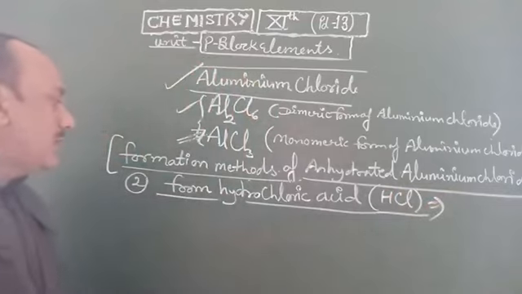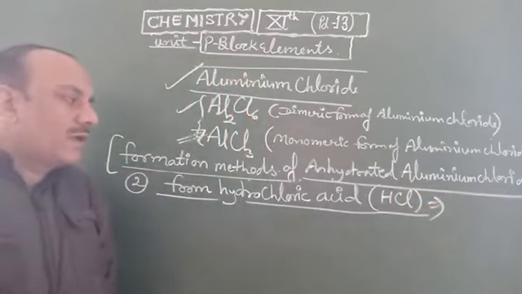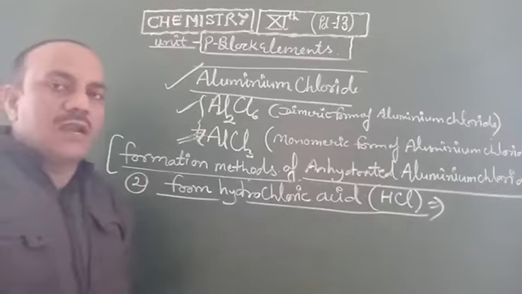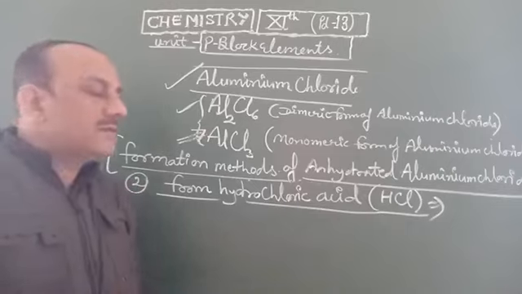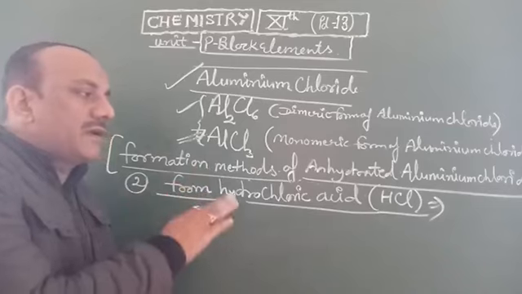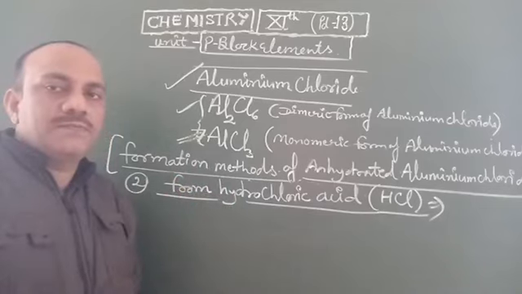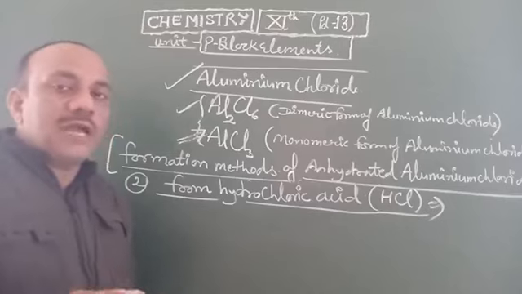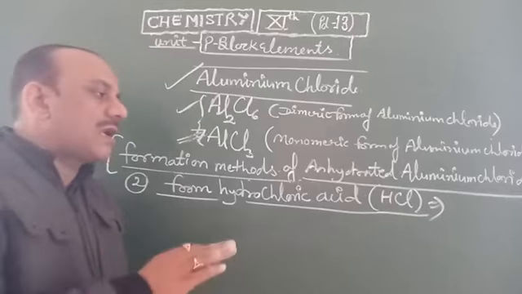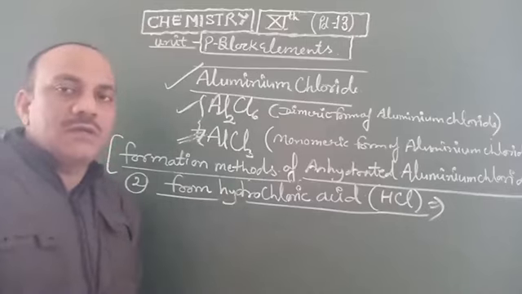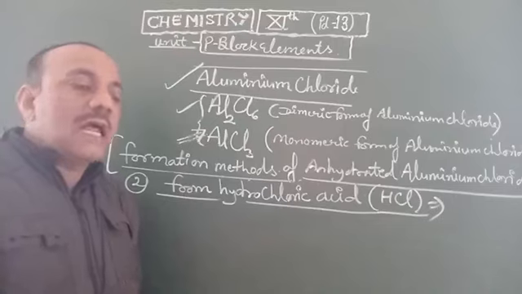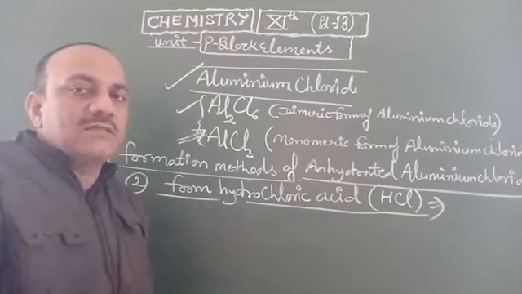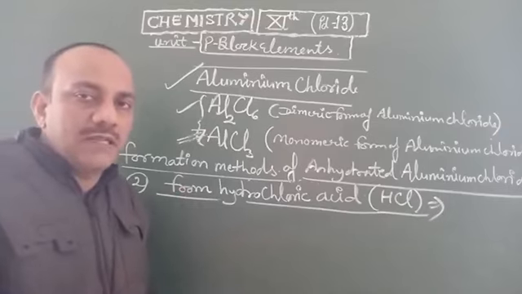Students, you know that any acid reacts with a metal, then they make their salt and release hydrogen gas. And you know that an element which has the capacity to lose electrons, that is, the capacity for the formation of cations, is known as a metal.